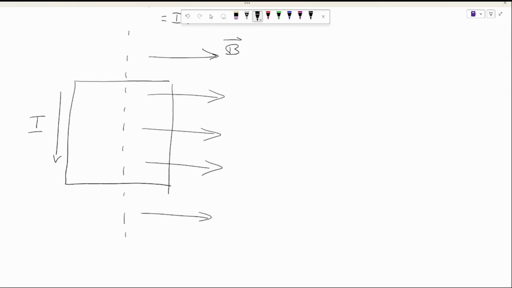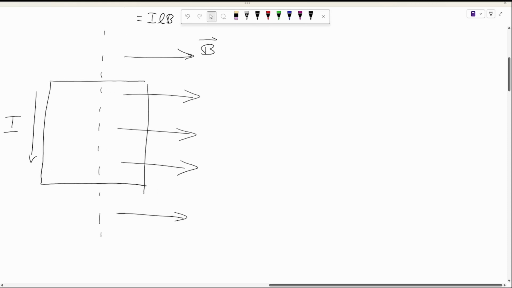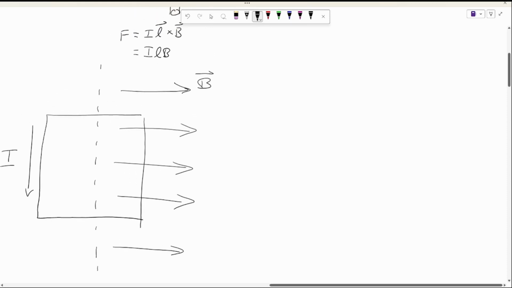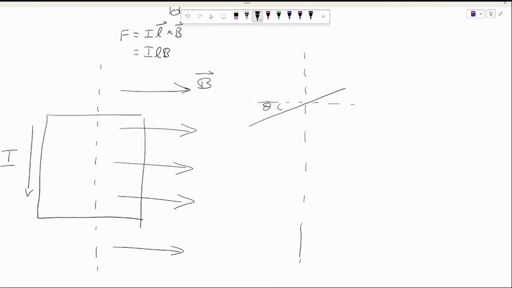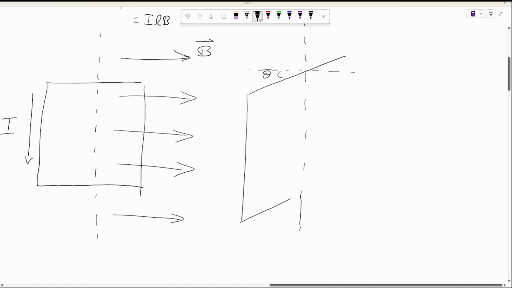I guess I should do the angled case for completeness. So I'll draw this again, but now the coil is at a slight angle, some angle theta. And we still have this B field pointing to the right.